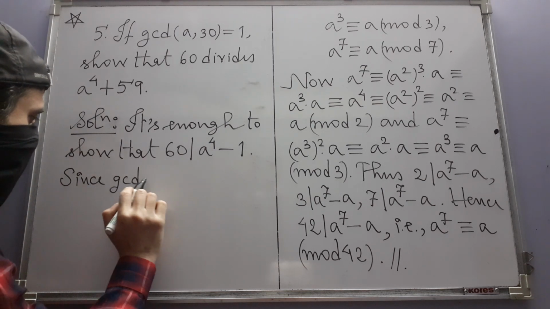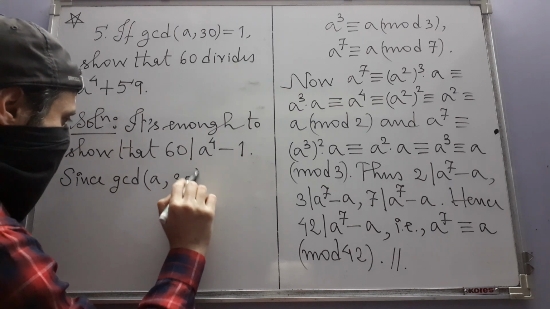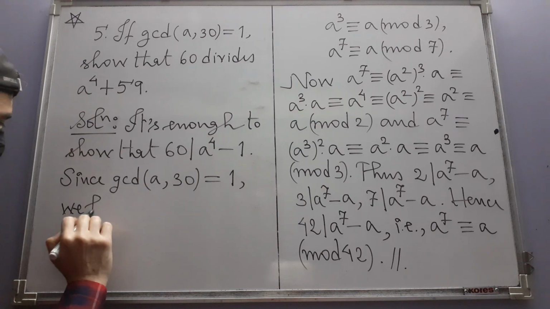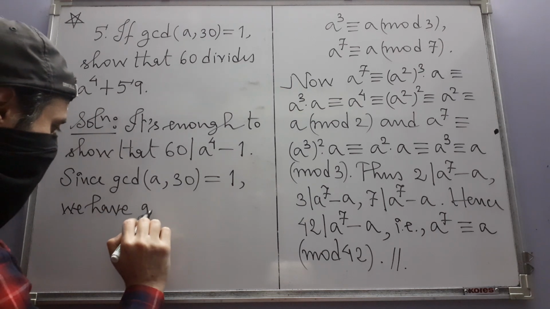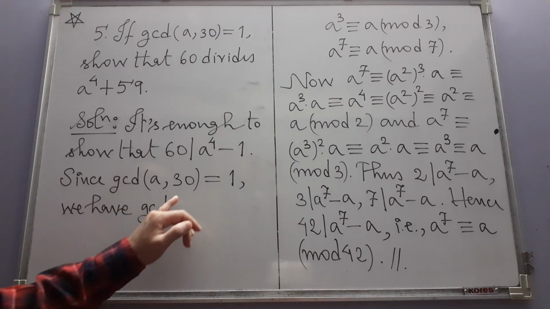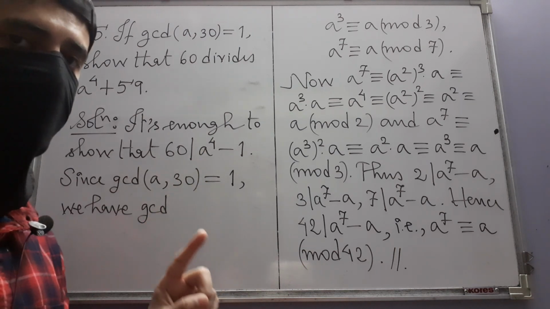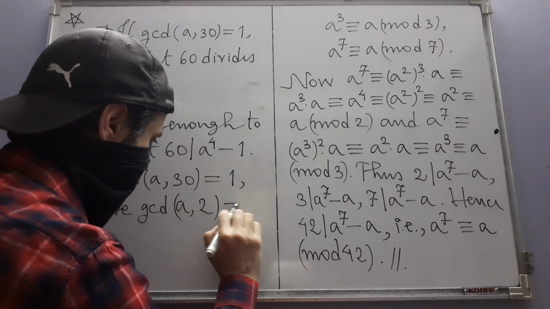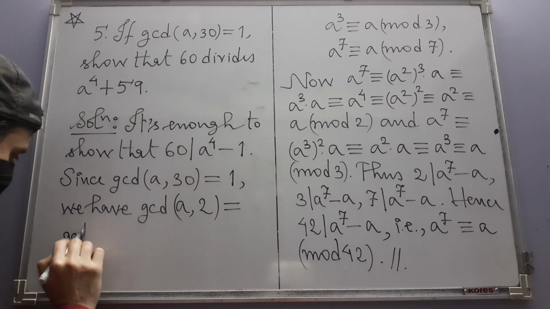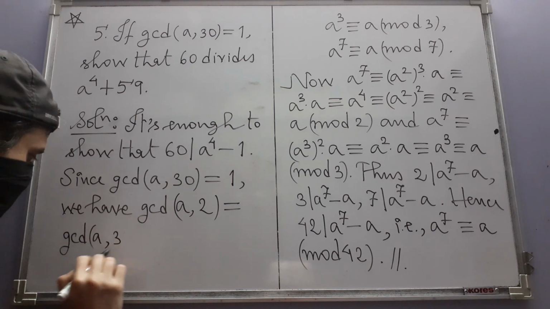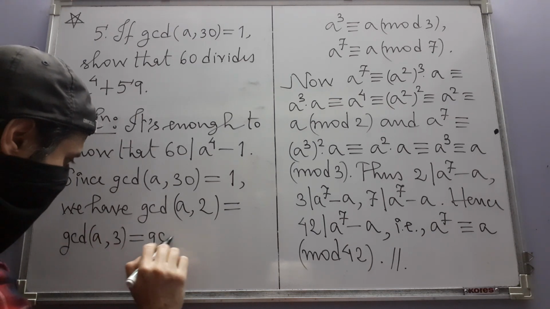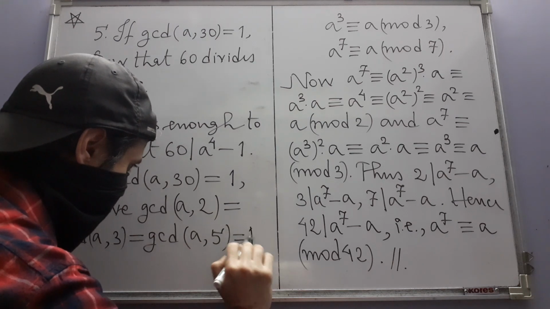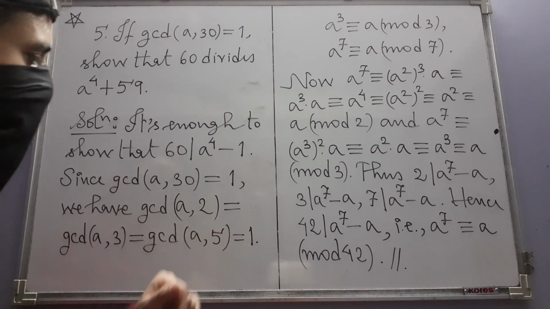Since GCD of a and 30 is 1, we have, so what are the prime factors of 30? 2, 3 and 5. So a will be relatively prime to each one of them. Being relatively prime to 2 means what?